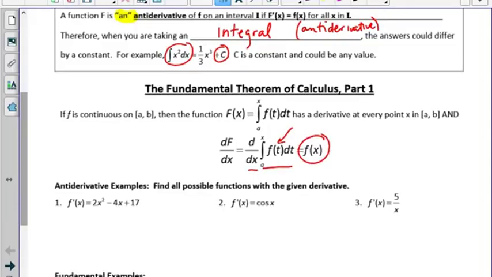So just as an example, the integral from 4 to x of t squared dt is basically the same as this problem up here. But we have to use what's called a dummy variable or a placeholder variable because we can't take the integral of something and sub in the exact same variable. So what I end up with is 1/3 x cubed plus c.